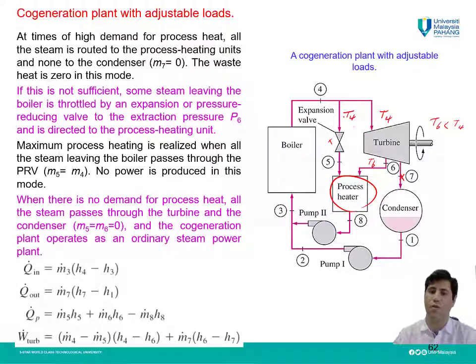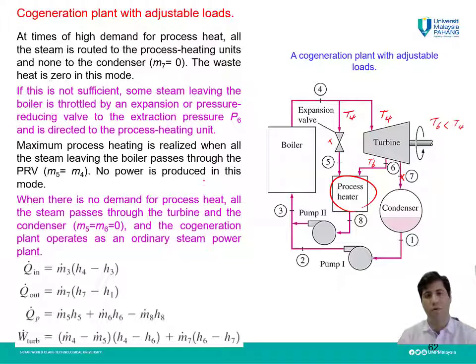But if we open this line, T4 and T5 will be at the same temperature. Then the process heater will receive a higher amount of thermal energy. Maximum process heating is realized when all the steam leaving the boiler passes through this expansion valve or PRV. Then no power is produced in this mode.